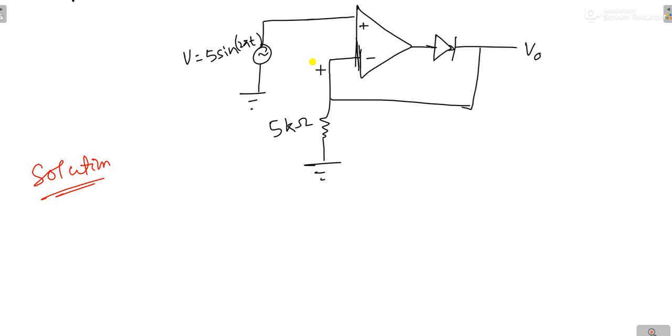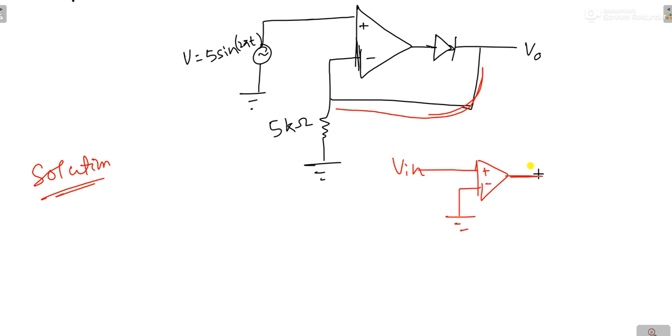At first, don't think about this terminal. At first, the input is given to the non-inverting terminal. So in the open loop amplifier, this is the op-amp, this is positive, this is negative, and the input voltage is at the positive terminal and this is ground. Then what will be the output?